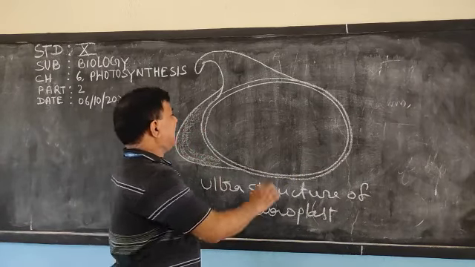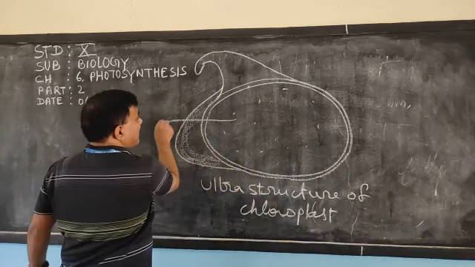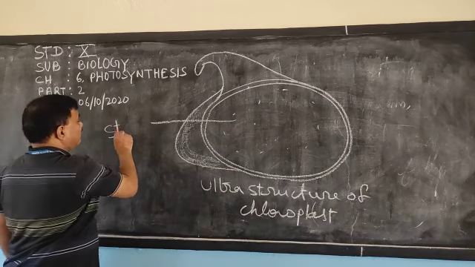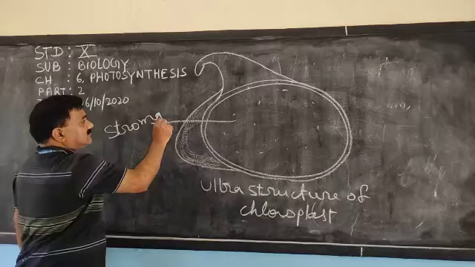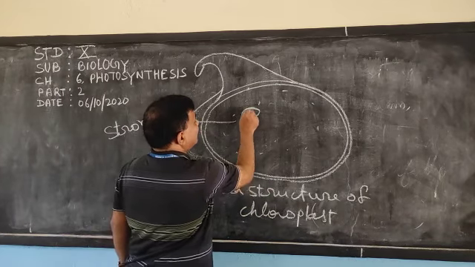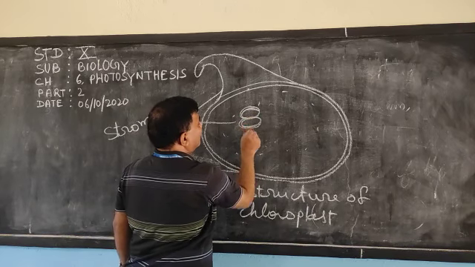Now this part, the ground material, is the matrix, and the matrix here is known as stroma. And inside the stroma, such ring-like things are present.